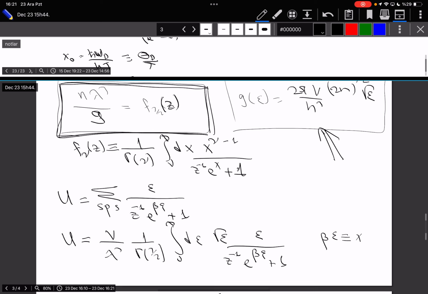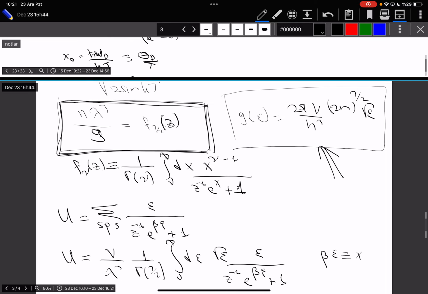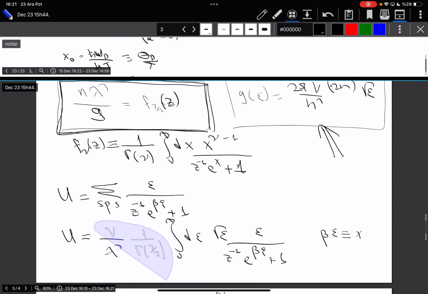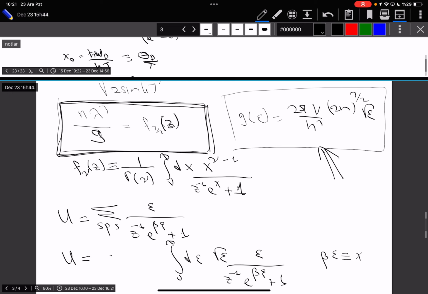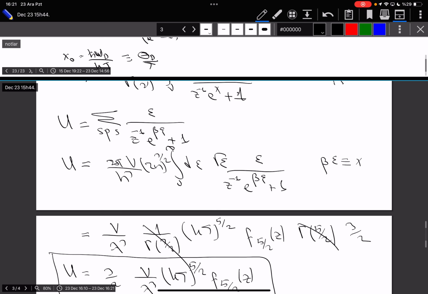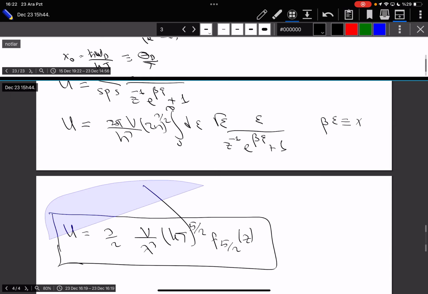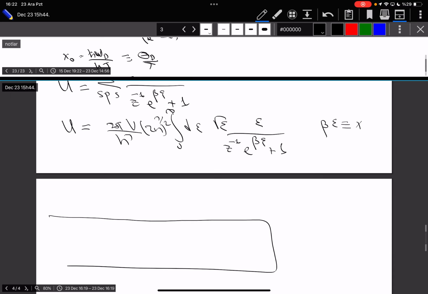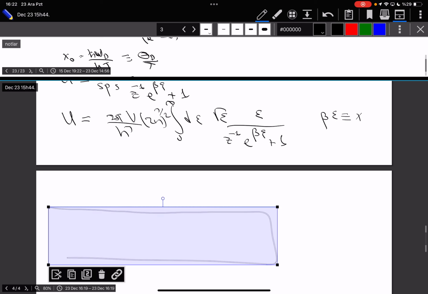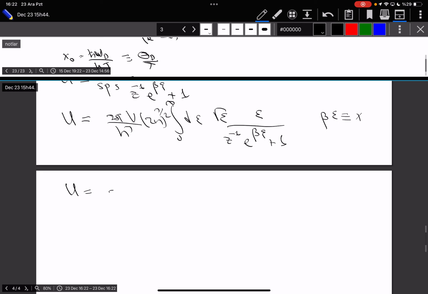So if I put it over here, U is 2 pi V over h cubed 2m to the power 3 over 2.